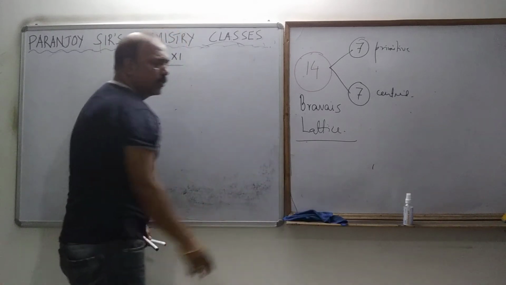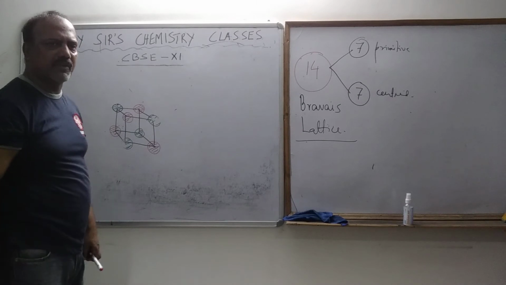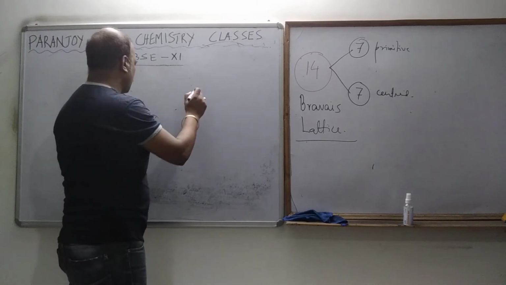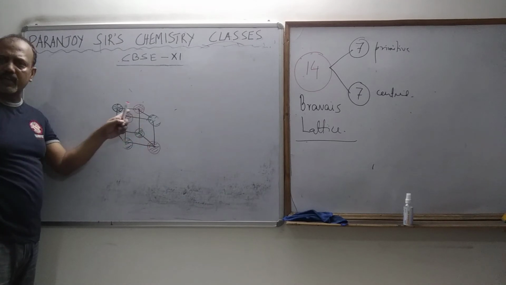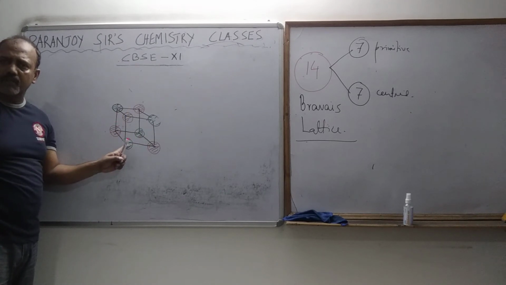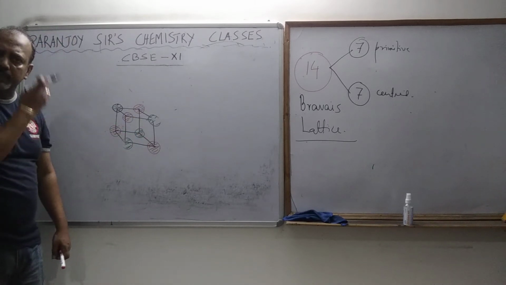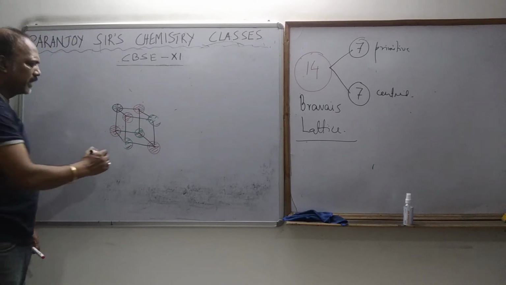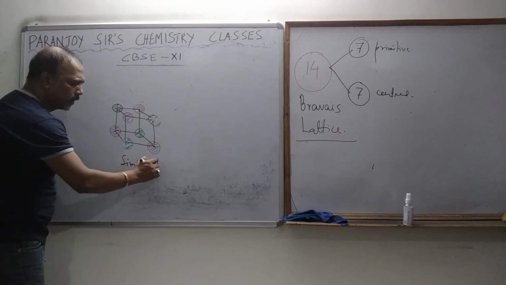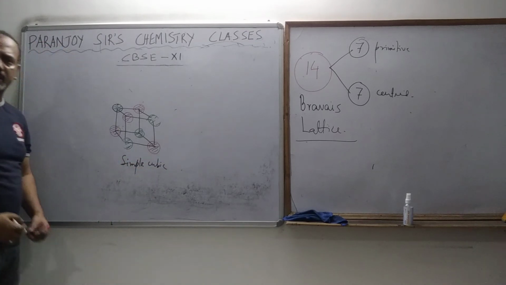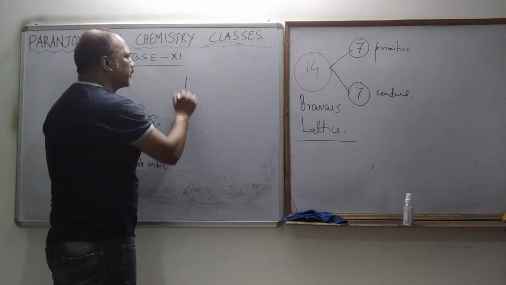One I had already drawn over here, where this is a primitive, where lattice points are present only in the corners of the unit cell. That is called simple cubic.